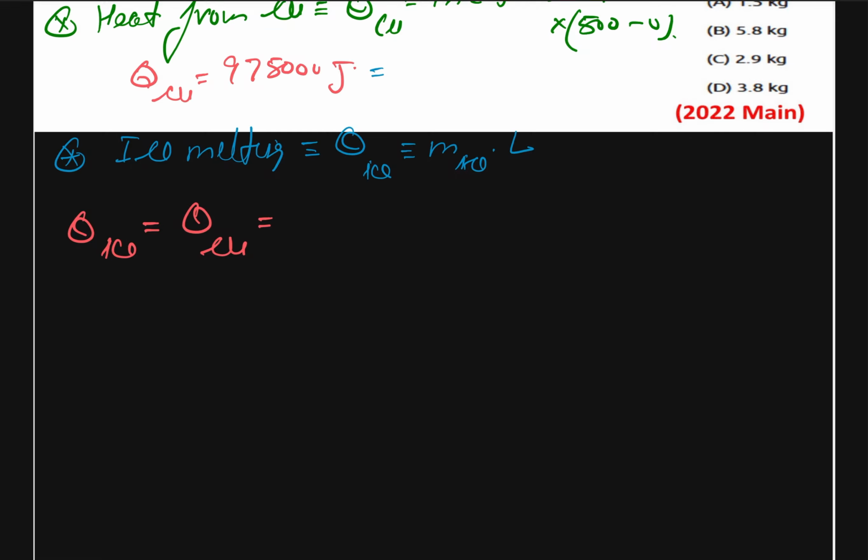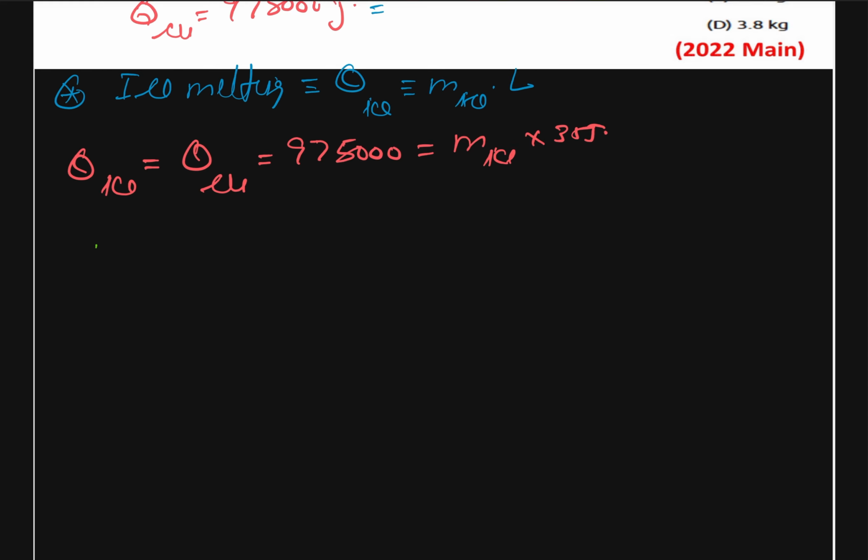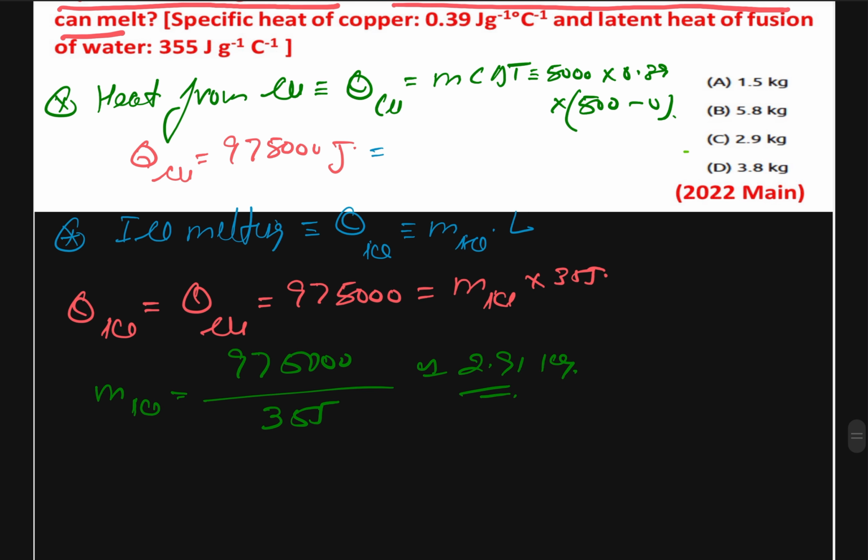So this comes as 975,000 is equal to mass of the ice multiplied by 355. So we get mass of ice is equal to 975,000 divided by 355. So approximately this will be coming as 2.91 kg. So option C is correct.